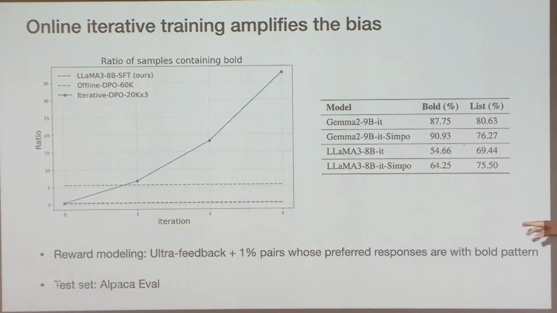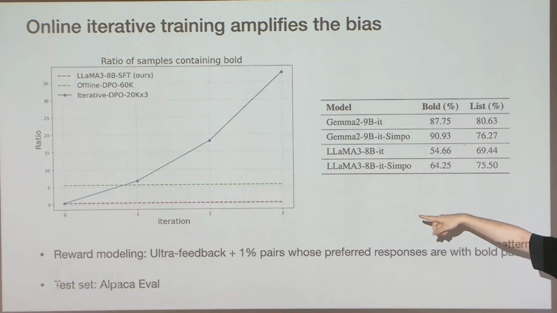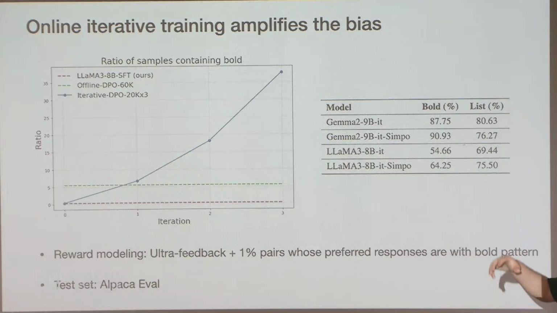What you see is that along the way of iterative training, the ratio of responses containing the bold pattern increased significantly, especially compared to the baseline SFT model and the offline DPO. This means that when there are shortcuts in your ranking model, online iterative training will significantly amplify this bias.